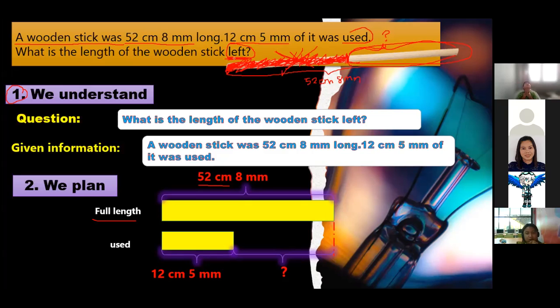Very good. If you see the word left, you will always use minus. Meaning if left, that is minus. So now we know the operation that we will use is minus.